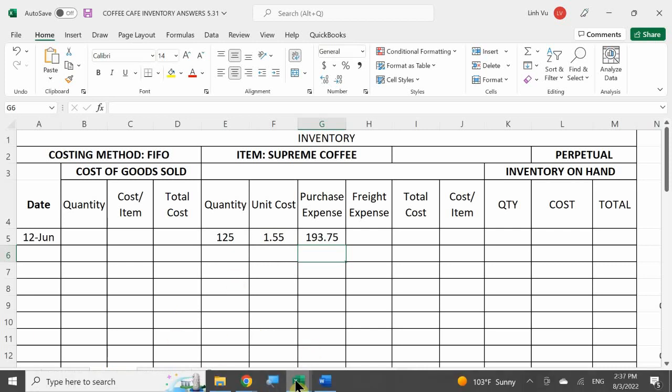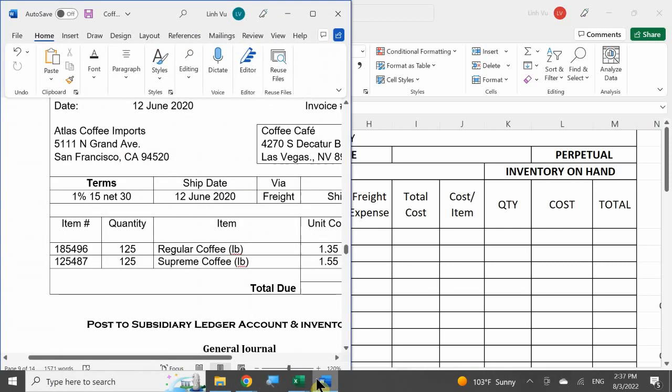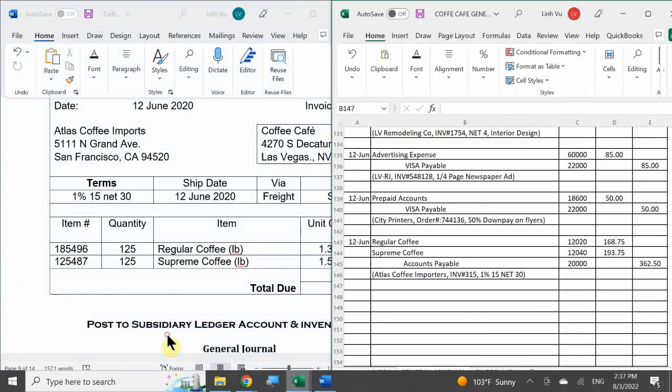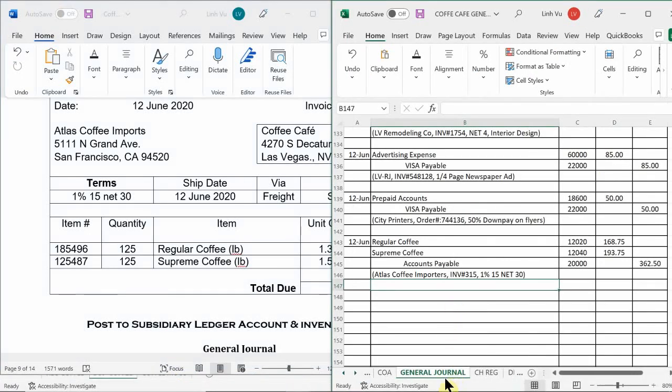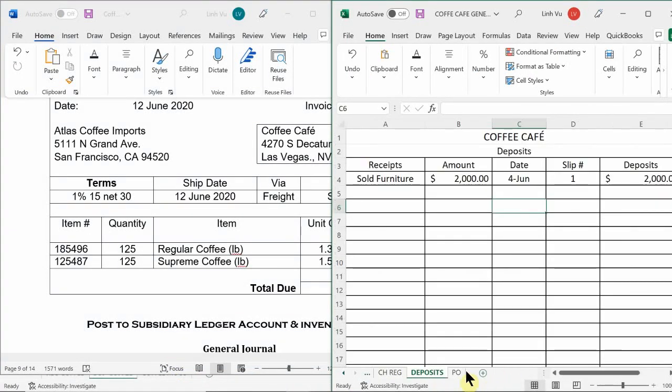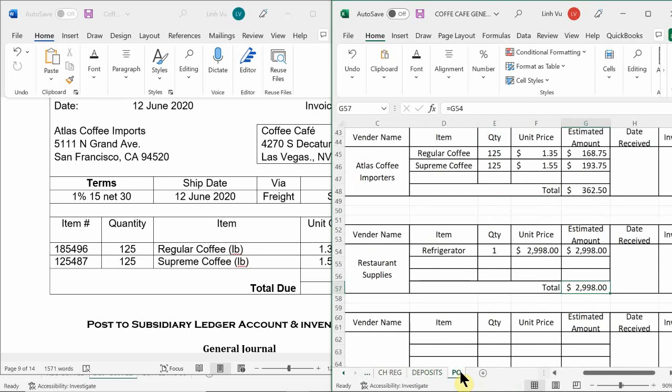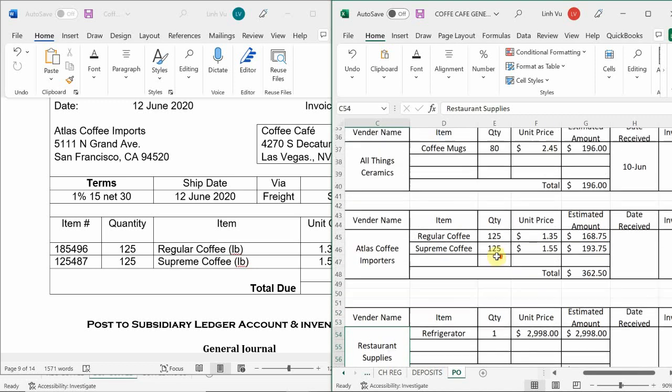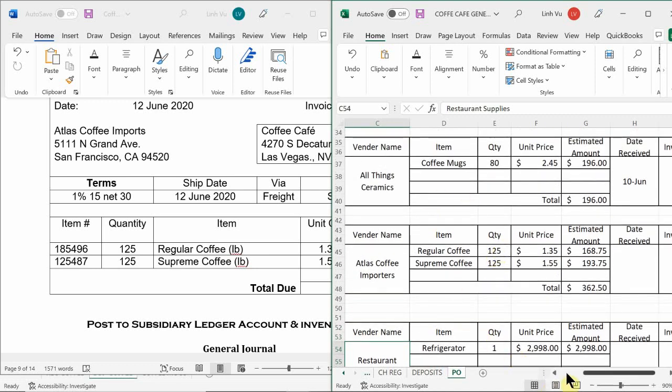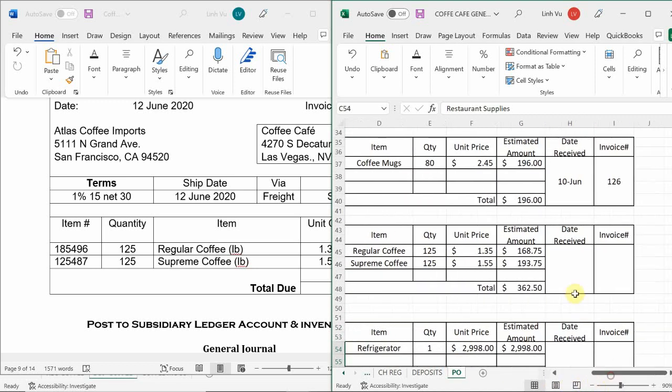We can't forget to update our purchase orders, because we did receive our coffee. Did we receive our refrigerator yet? No, not yet. But did we receive our coffee? Yes, we did.